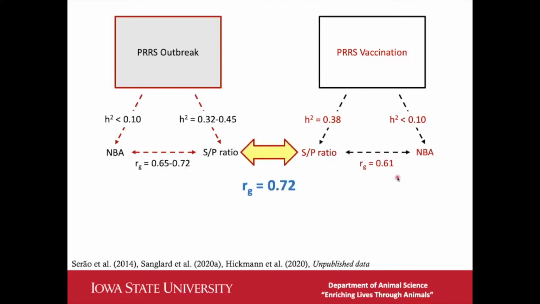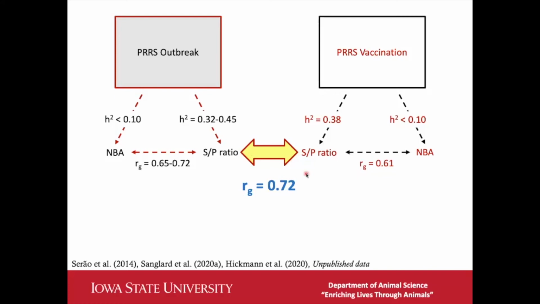Since these two studies came from the same breeding company, the vaccination study from Leticia Sengard and the second outbreak study from Philip Hickman, we were able to get a genetic correlation between antibody response to outbreak and antibody response to vaccination. We saw that it was quite high. I was expecting it to be greater than that, but it's not one.